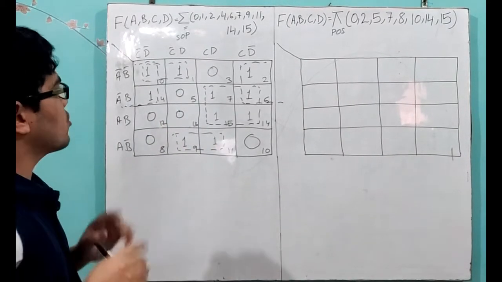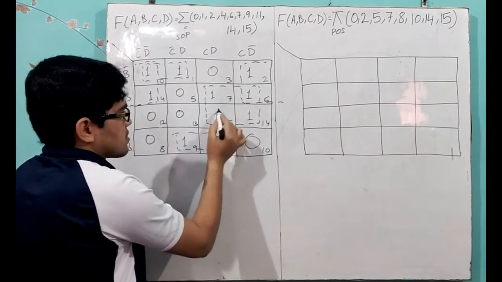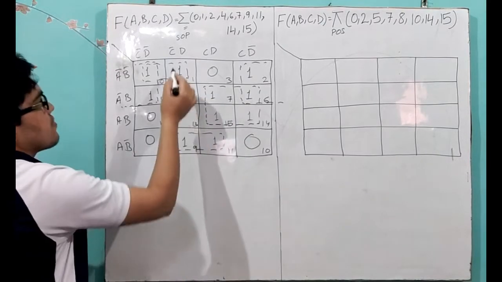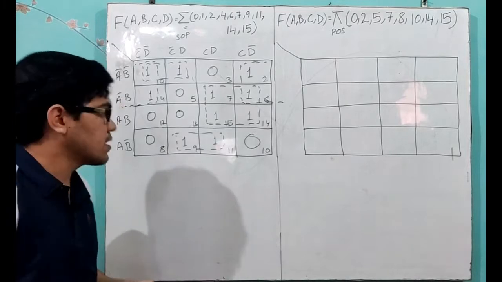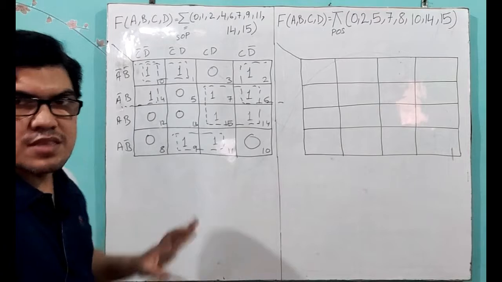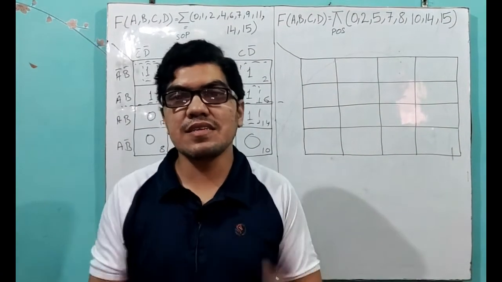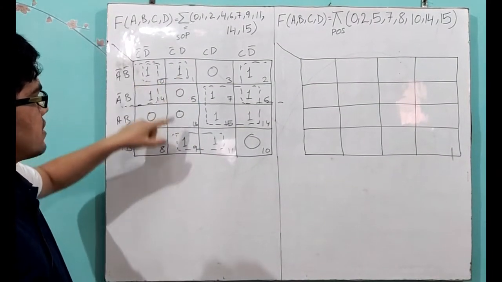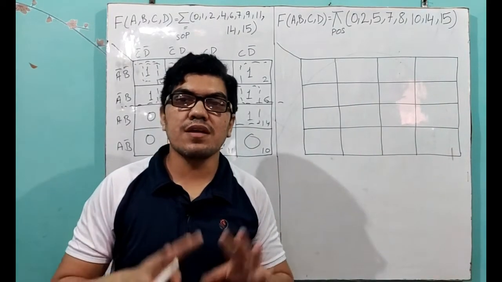One more option is possible: this one we consider with this, so we can make a pair, and this with this. These two can make a pair. That is also correct. If you make a pair for these two elements and these two elements, that is also correct. The solution is different, but the answer is correct. Or I take this one with this and this one with this. Now also the solution will be correct.